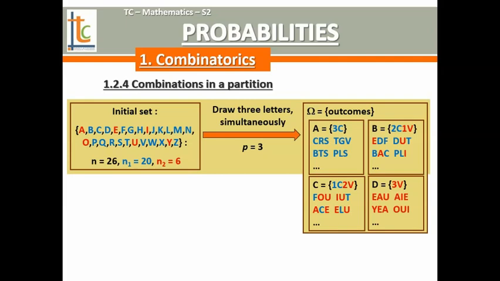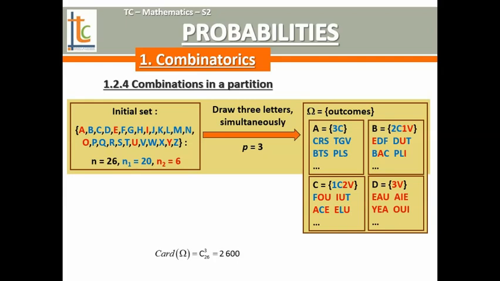At the same time, we can calculate the total number of elements of omega, of course. It will be combinations 26,3, regardless of whether a letter is a vowel or a consonant. But if you want to go into detail about the number of consonants and vowels, you can calculate combinations for consonants and combinations for vowels separately, and in the end, multiply both.